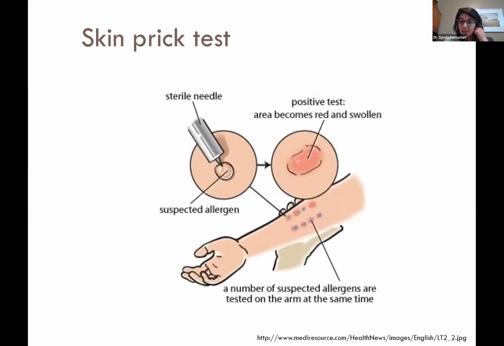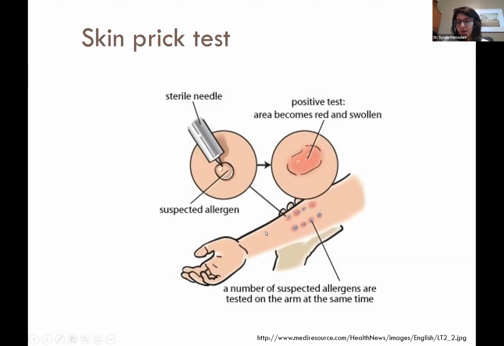What it actually looks like, this is a diagram explaining that, but basically you take a suspected allergen, you put it on the skin, and then you take what looks like a plastic toothpick with a sharp end, and you just scratch the top layer of the skin with the liquid allergen.